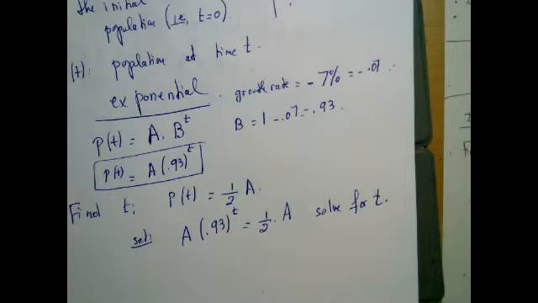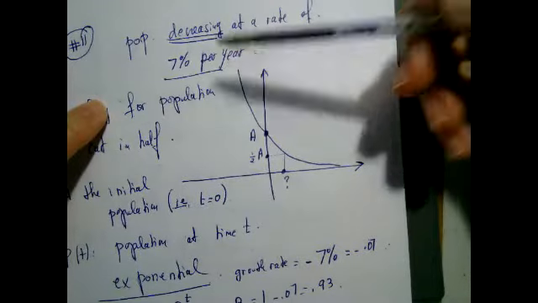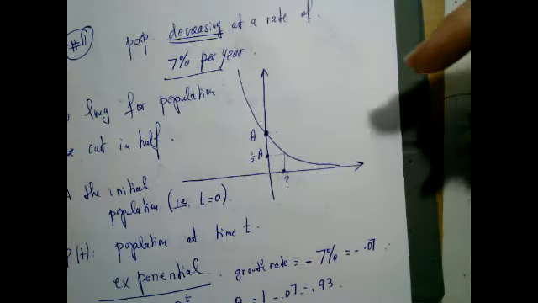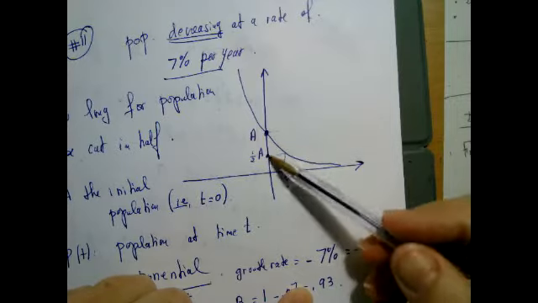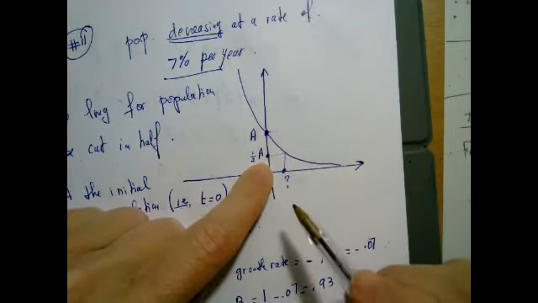Was anybody able to do that problem? So let us repeat a little bit what we are doing. I have a population. They tell me it decreased by 7% every year. It means every year, 93% of the original population remains. Over time, because it's decreasing, it will become half of what it started with.